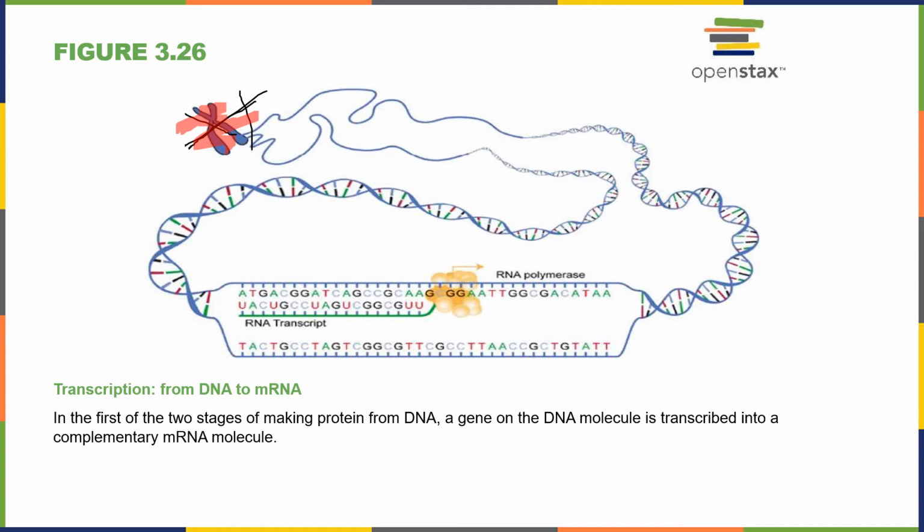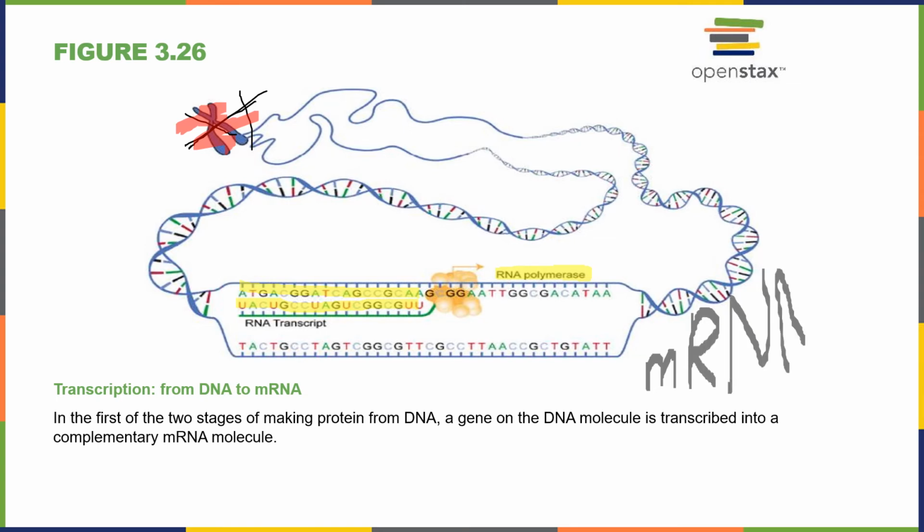We have an enzyme here called RNA polymerase, and that's just making an RNA polymer. And so there you see your RNA transcript, just like we talked about. It's complementary to this DNA strand. So this is our messenger RNA, or mRNA.